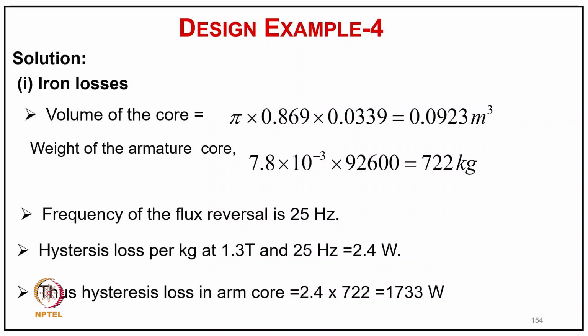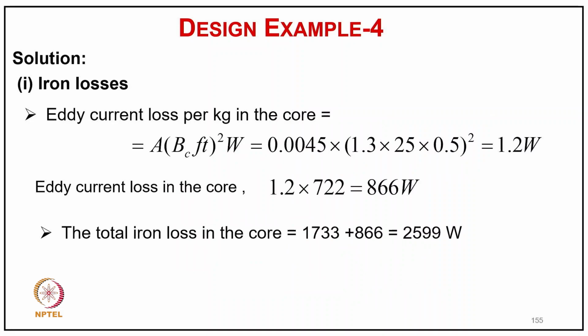So the hysteresis loss per kg at 1.3 Tesla and 25 Hz is 2.4 watt, and the hysteresis loss in the armature core is 2.4 into 722, that is 1733 watt. Now the eddy current loss per kg in the core is A PCF T square in watt, and putting in the values it comes to 1.2. The eddy current loss in the core, multiplying by the weight, is 866 watt. So the total iron loss in the core, by addition, comes to 2599 watt.